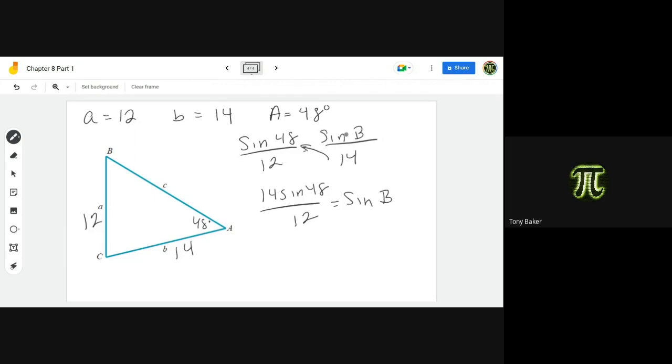So there's no point in multiplying by 12, because then I'm going to have to divide by 12 anyway to get the sine of B by itself. So here's the question. How do I get B? I'm going to use the inverse. I'm going to use the arc sine. So I have sine inverse of 14 sine 48 over 12.